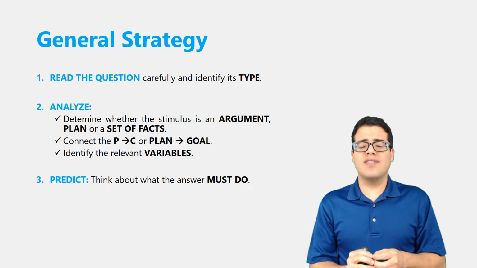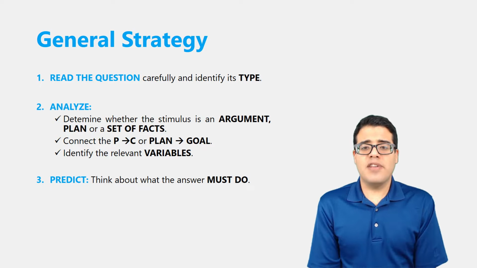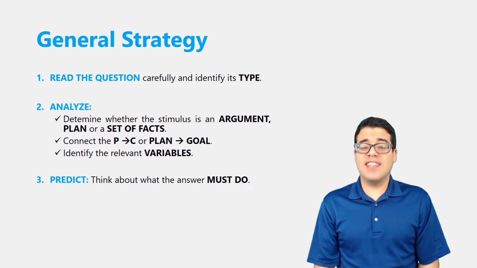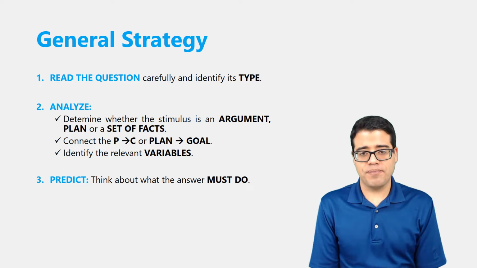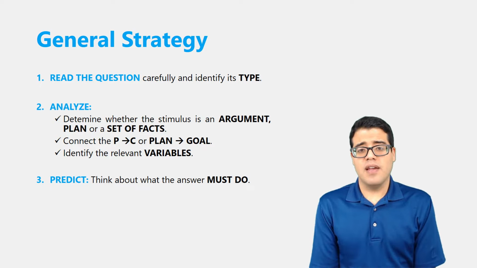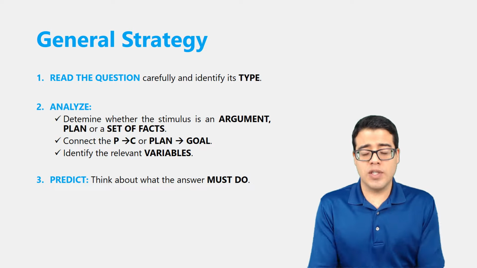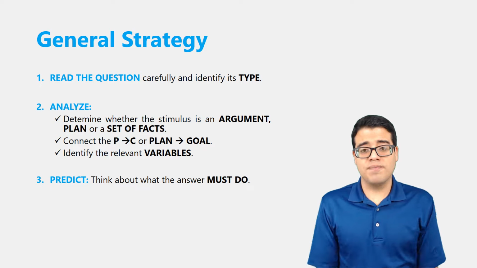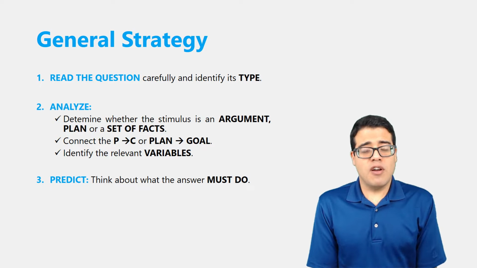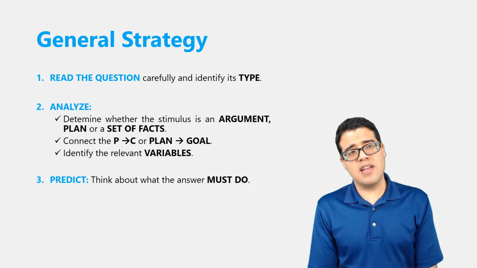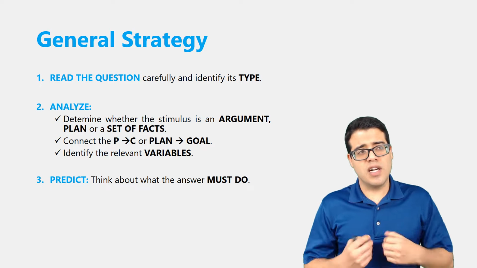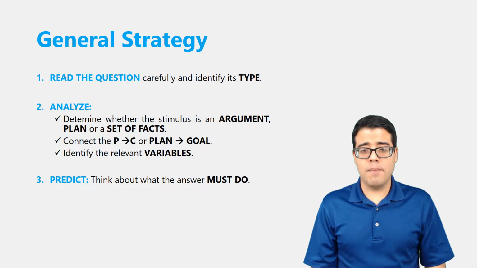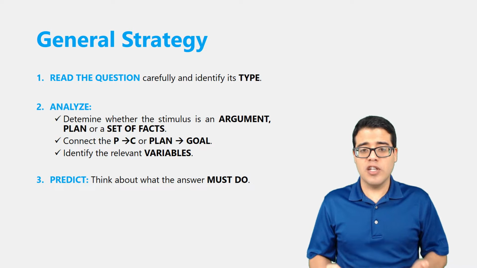Now, you don't have to predict the exact answer, but you need to know what the answer should do, or you can say the direction of the answer. So, for example, if you have a weaken the conclusion question, and the conclusion is that if you eat too much, you gain weight, what is the direction of the answer? Well, the answer has to tell me that eating too much does not make me gain weight. And that's as far as you go. Make sure you understand what the answer must do.